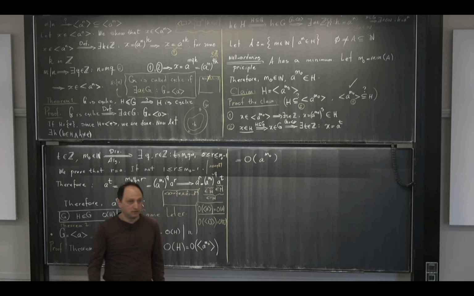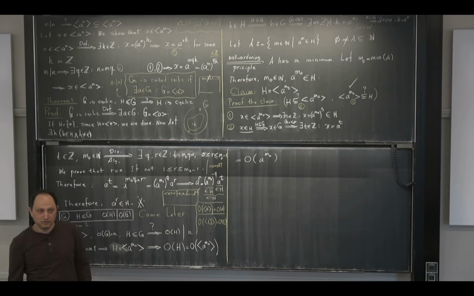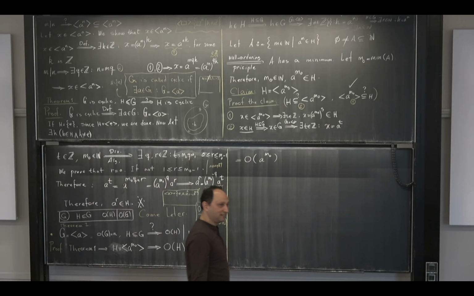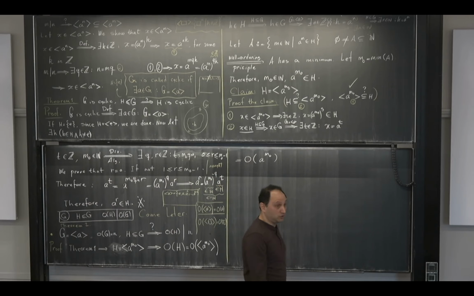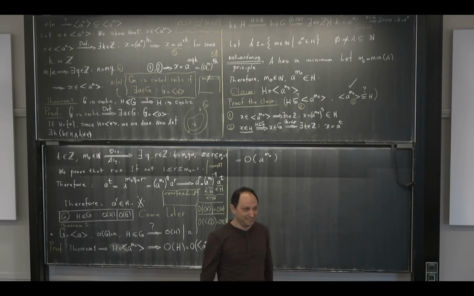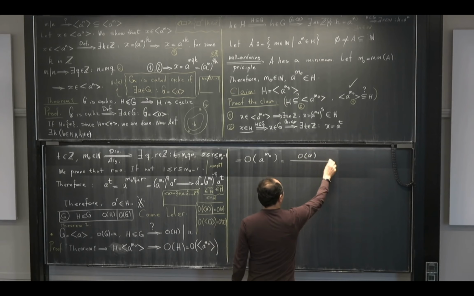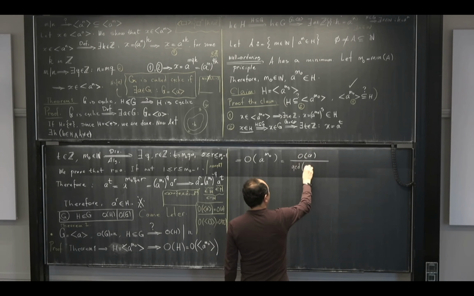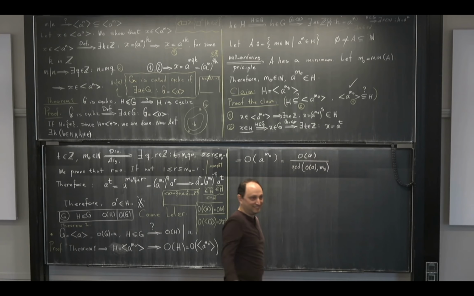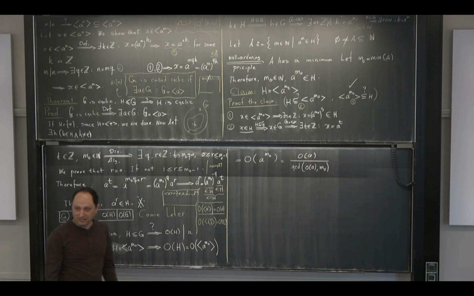Yes? But then how should I continue? That's m0, is it? No. We had a big theorem yesterday. It was equal to the order of a divided by the GCD of the order of a and m naught. This was a theorem we had just yesterday.